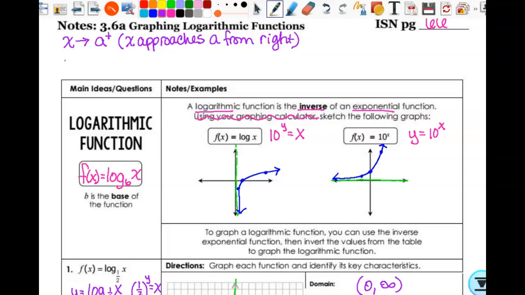Or I could have that x approaches a from the left, and that would be like the exponent. Where an exponent goes, it's not an exponent, but where an exponent goes, you would either have a plus sign or a minus sign, depending on whether you were approaching it from the right or the left. So all this is as x approaches, and that would be from the left.